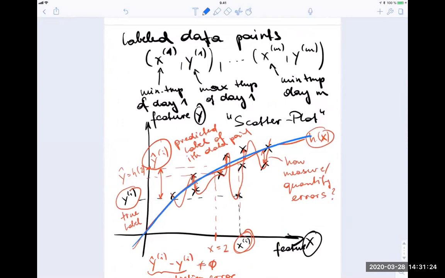For these data points, the historic weather data, we know the label, we know the y coordinate, we know what the maximum temperature was during that day. However, this is a day in the past, but we assume that the relation between features and labels is the same for the days in the past as for the current day or the days in the future. This might not always be true. So this is a modeling assumption.